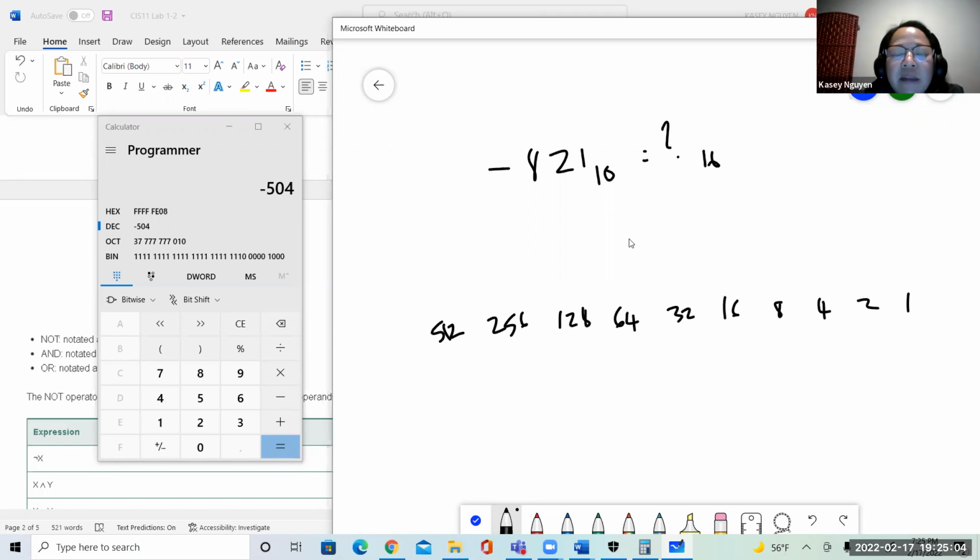I can stop there because after 512, the next is 1024, which is too large to subtract anyway. So the first step, when I convert this to binary and then from binary to hex, is to put down the scale if I'm doing the subtraction method.